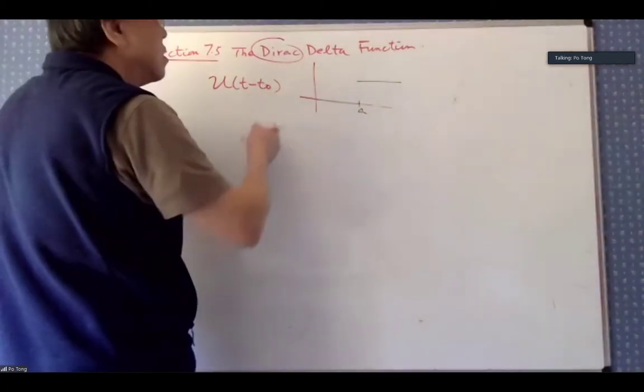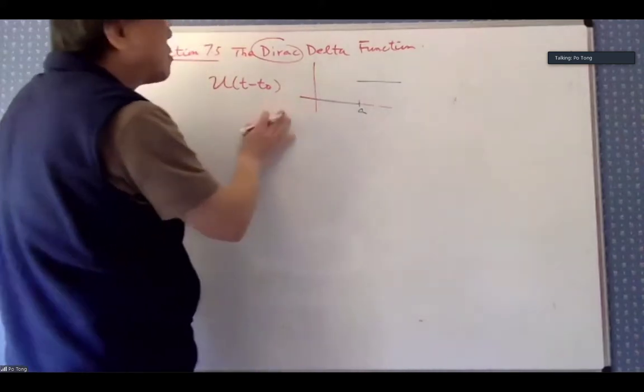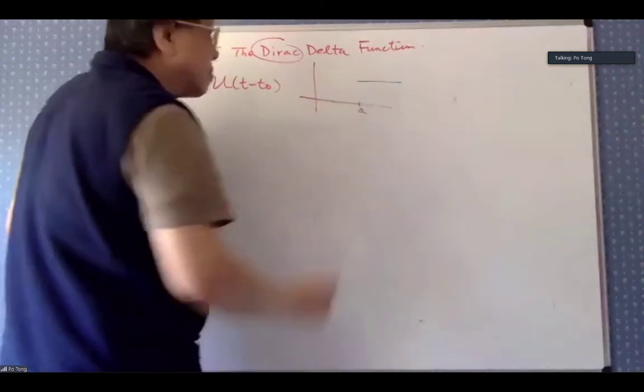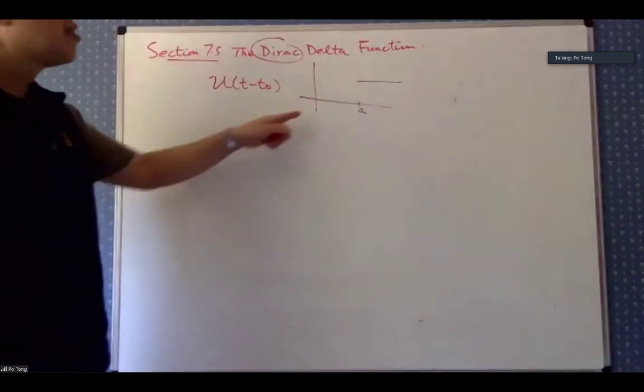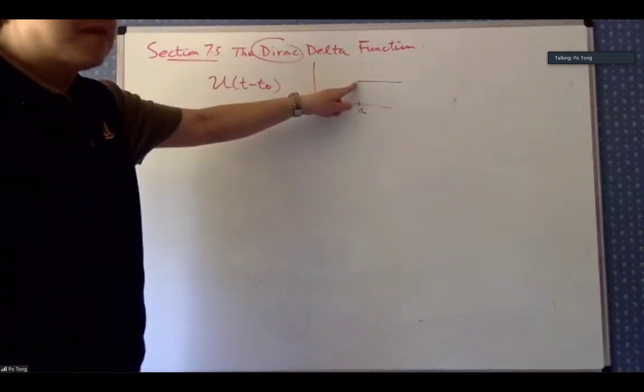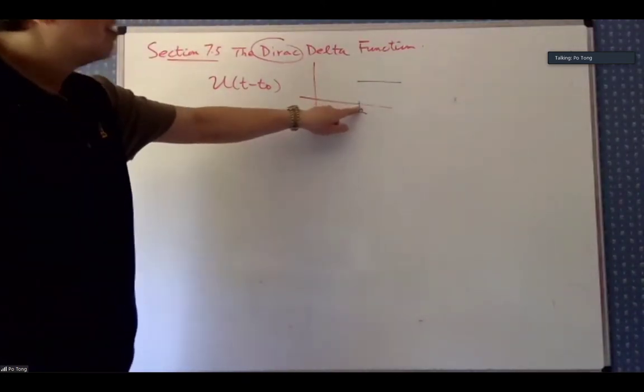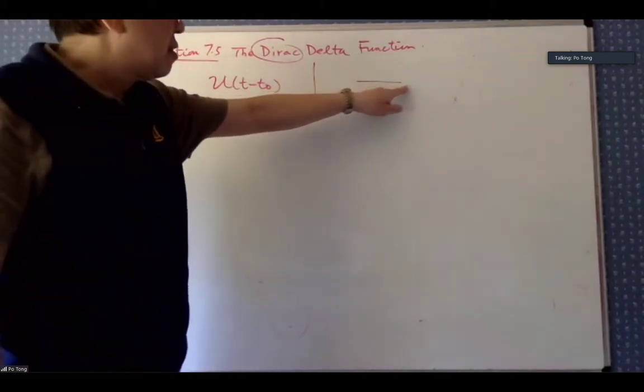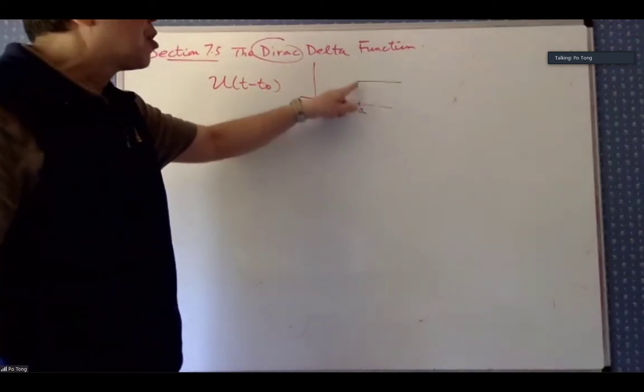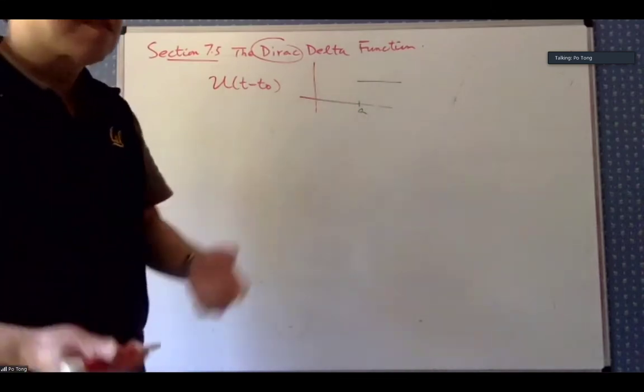Think about taking the derivative of this function. Here you have a sudden jump. So the derivative here is 0, the derivative here is 0, but right here you have a sudden jump. It's discontinuous. You really cannot do the derivative.